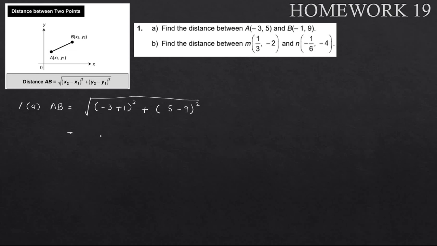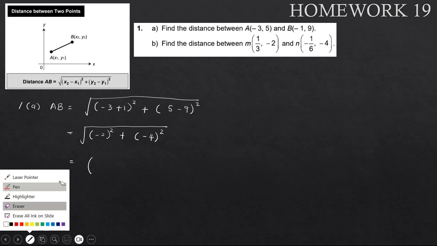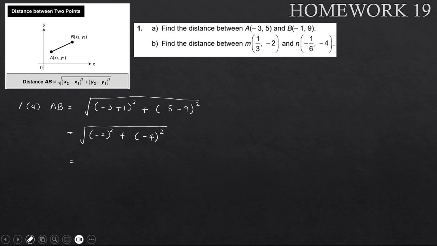Negative 3 minus 1 is negative 2, squared. 5 minus 9 is negative 4, squared. Negative 2 squared is 4.